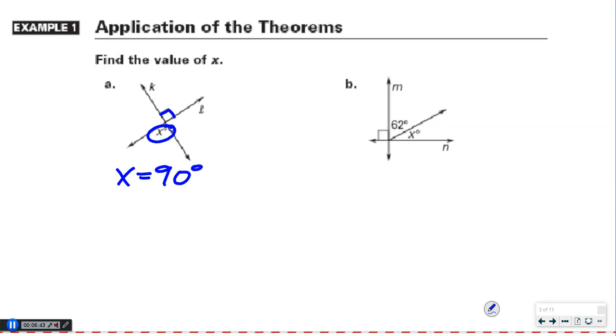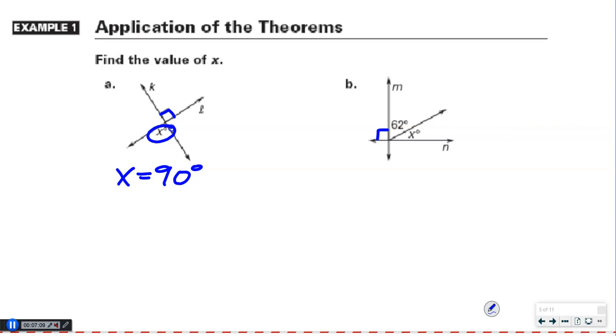Then looking at B, we see that this angle out here on the side is 90 degrees. So that means that 62 and x have to add together to be 90 degrees. Because we know if one side of a linear pair is 90, the other side of the linear pair is going to be 90.